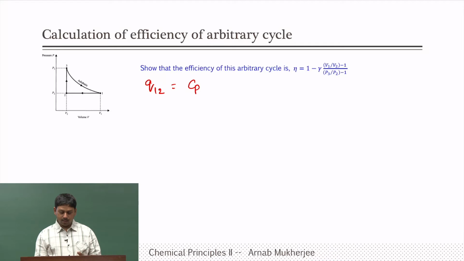When we calculate the heat changes, it will be T2 minus T1, right. And in this case we know that it is a constant pressure compression process. That means, in this process volume gets less. So, if the volume gets less, the temperature has to be lower, because pressure is same. Remember, it is an ideal gas.